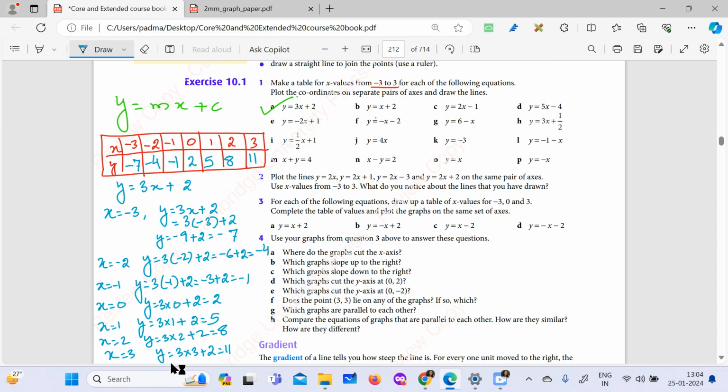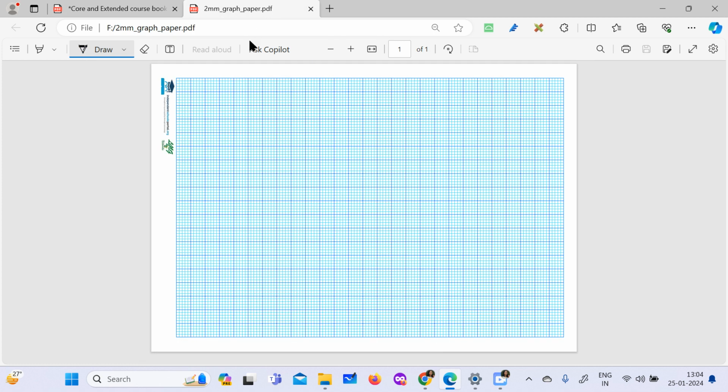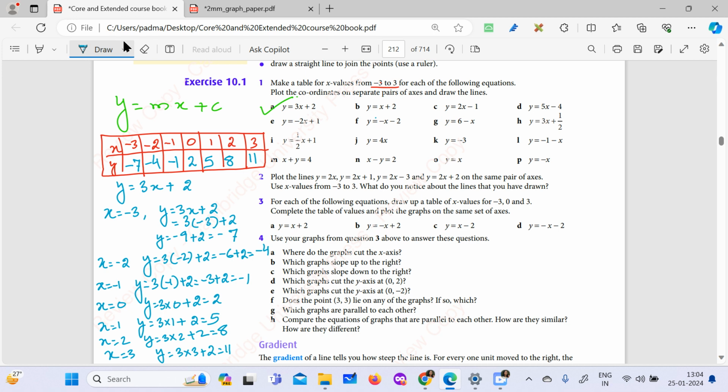So I will plot all these values on this graph sheet. As already mentioned, x is from -3 to 3, and our y values are -7, -4, -1, and on the positive side the highest is 11, and on the negative side it is -7.